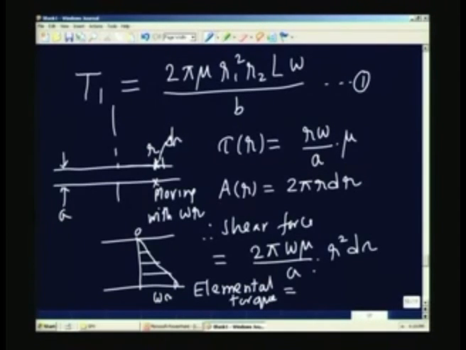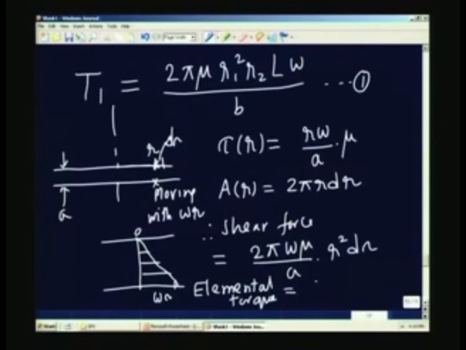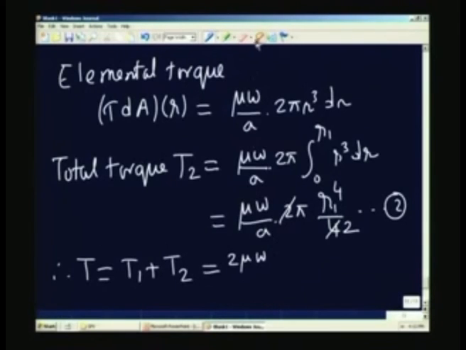You have to multiply by another factor of r. Therefore, 2 pi omega mu by a into r cube dr. So, what I have to do now is to calculate the total torque due to this elemental torque.